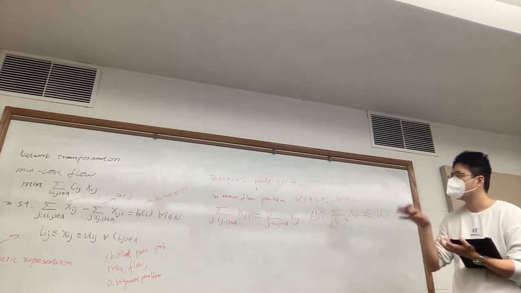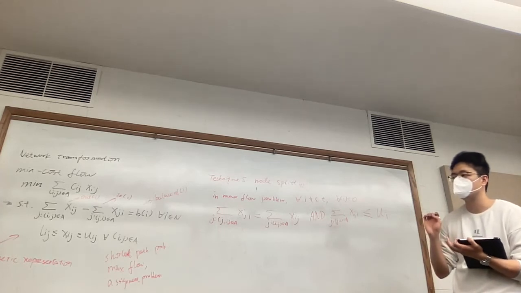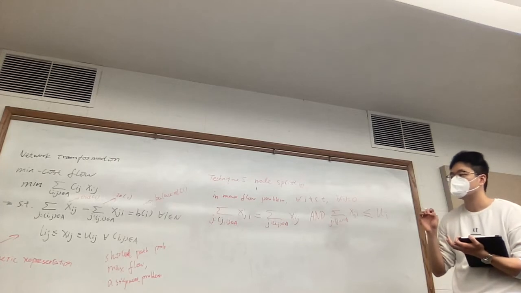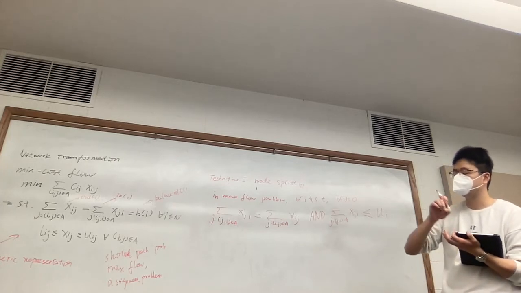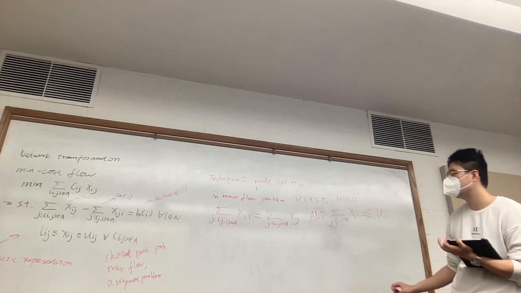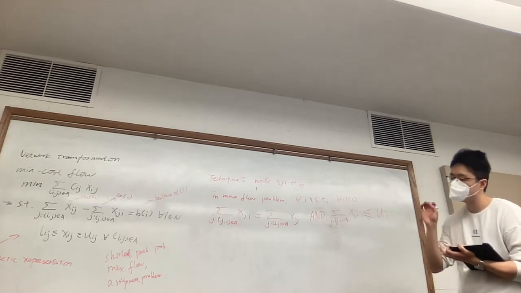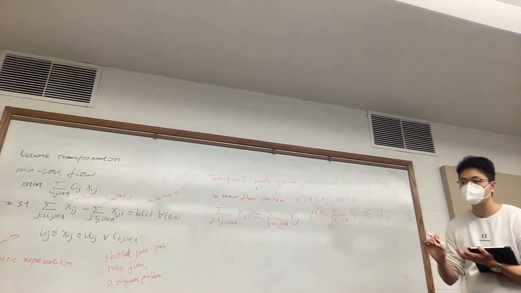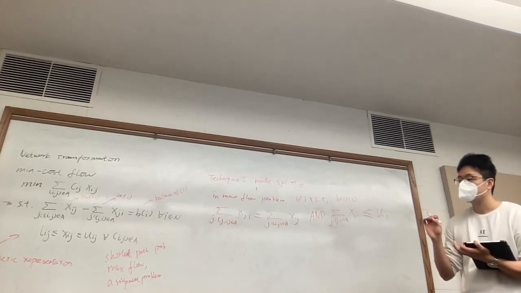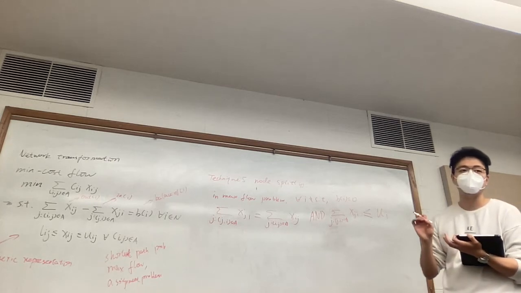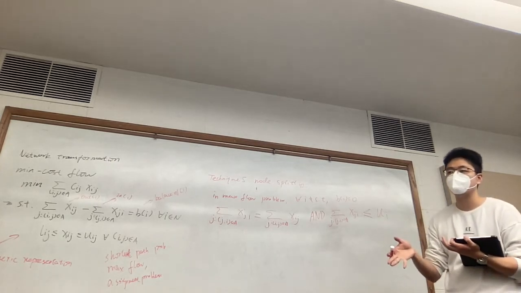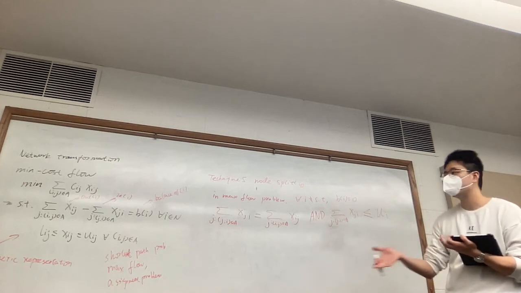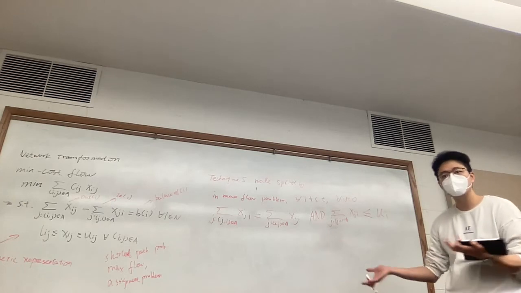You want to maximize the efficiency of transportation between the manufacturer and the retailer. However, every warehouse has a limitation every day. Let's say they can only process 100 tons of loads every day. If you give them 1,000 tons, they cannot do it.